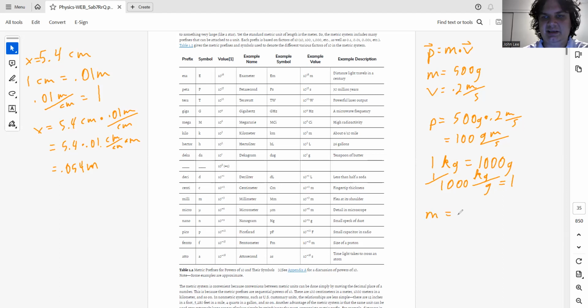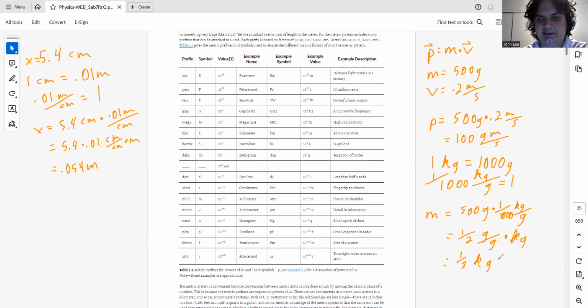So mass is equal to 500 grams times 1 over 1000 kilograms per gram, which is equal to 1/2 of a kilogram, which is equal to 0.5 kilograms.